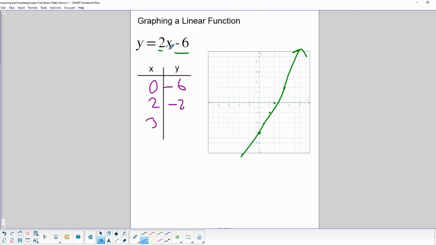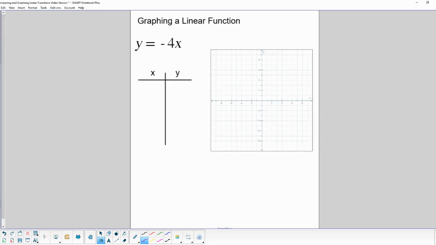And 2 times 3 is 6, 6 minus 6 is 0. And so if we start plotting those points, we got 3, 0, 2, -2, and 0, -6. We notice right away that we have the same points that we had earlier mentioned and drawn on the graph, so we know we're in good shape.